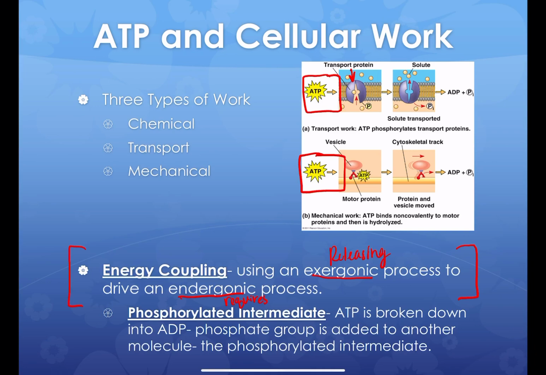And so usually in these energy coupling examples, we have what's called a phosphorylated intermediate, okay? And when ATP is broken down into ADP, we release that one phosphate group, right? And what we saw in cellular communication is that phosphate group often gets added onto something else, okay? And it causes it to do something, okay?